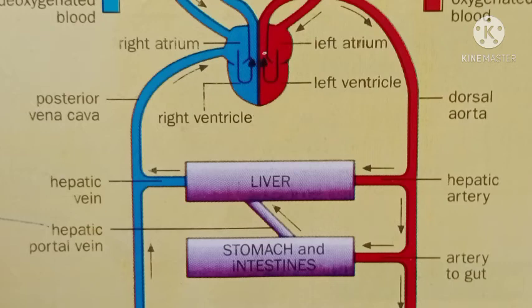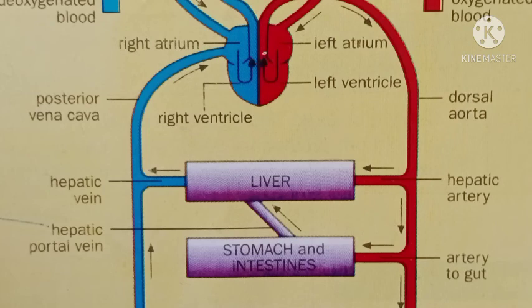Then there is the artery to the gut, known as the mesenteric artery, which transports the blood to our digestive system, including the stomach and the intestines, and through the hepatic portal vein the blood moves to the liver.